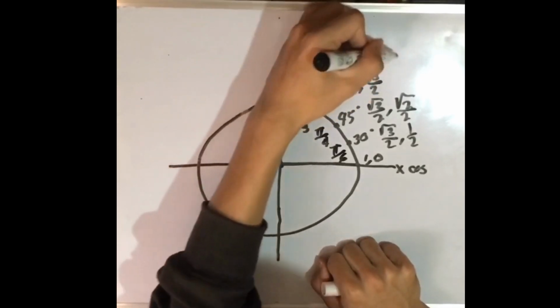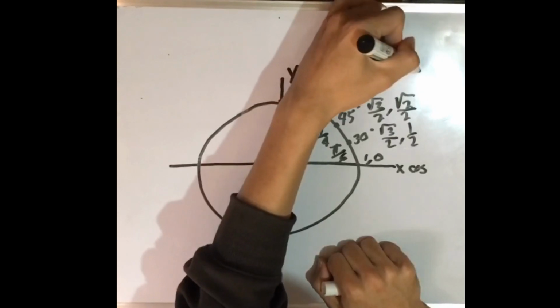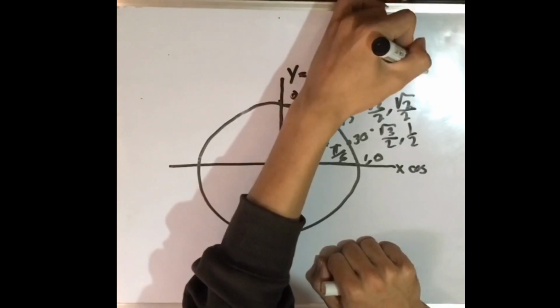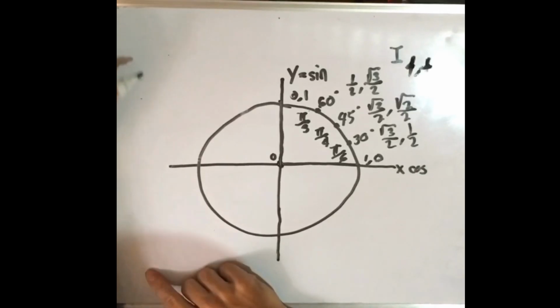So this is the first quadrant. Both are positive. Now let's proceed to the second quadrant. The second quadrant is negative and positive.